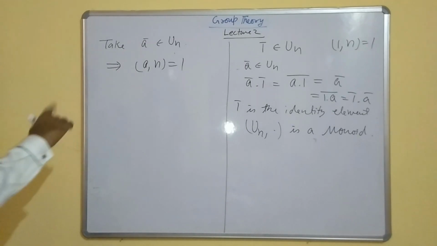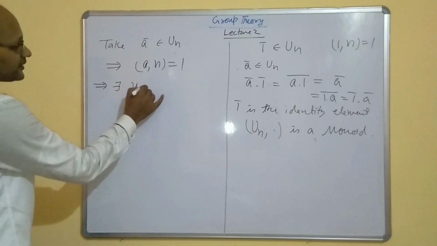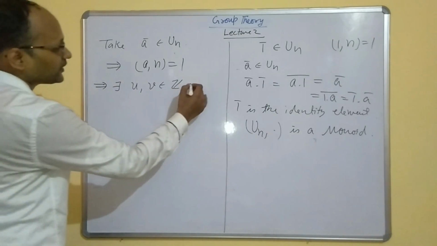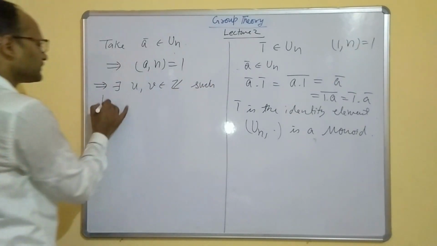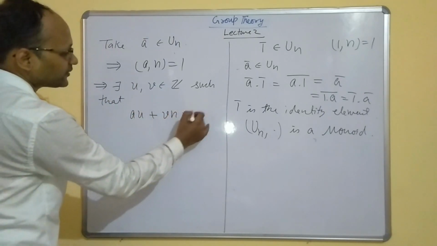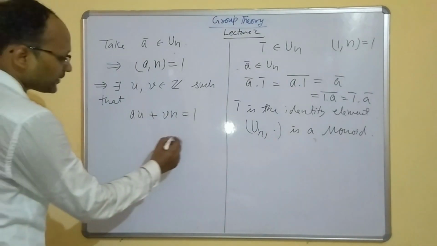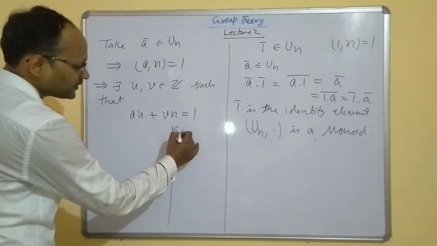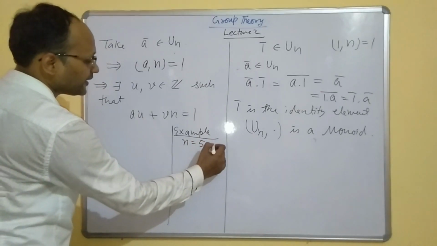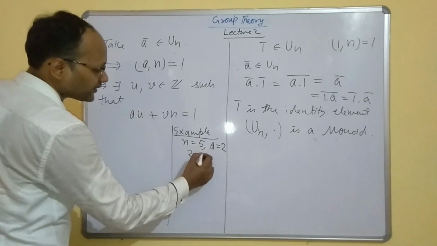Now the GCD between a and n being 1 means there exist two integers u, v in the set of integers such that a into u plus v into n is 1. We can always do this. For example, suppose n is equal to 5 and I take a to be 2. So the GCD between 2 and 5 is 1.